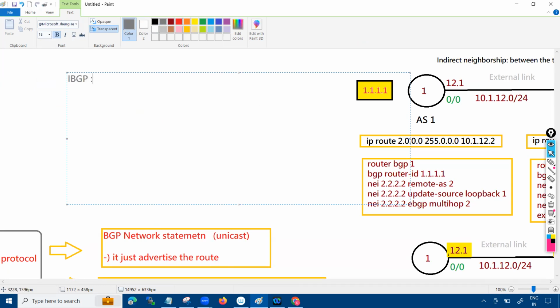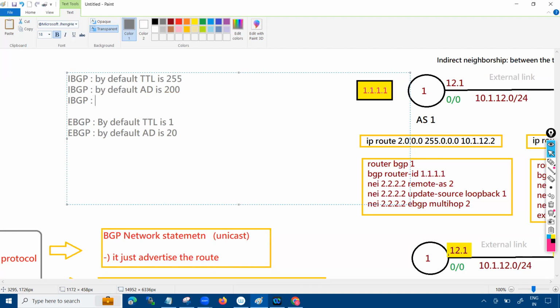iBGP, by default the TTL is 255. And one thing that I'm going to write, it's very important. iBGP does not change the next hop.